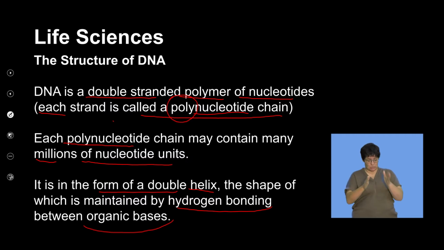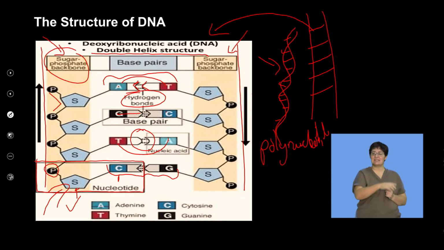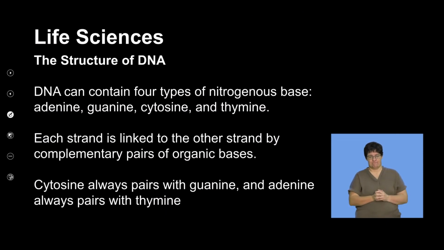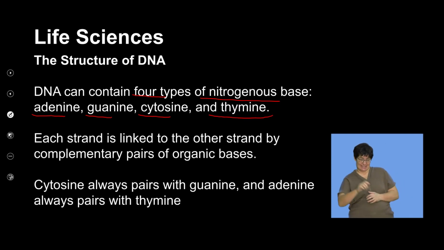the organic bases. If we go back to this image, I've pointed out that these base pairs are held together by hydrogen bonds, and it is that hydrogen bond that holds the structure together. DNA contains 4 types of nitrogen bases, and these are your adenine, guanine, cytosine, and thymine.